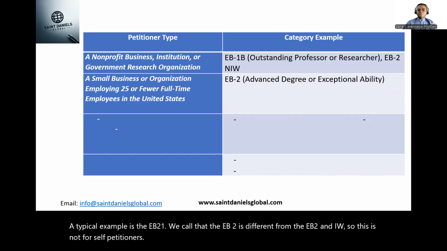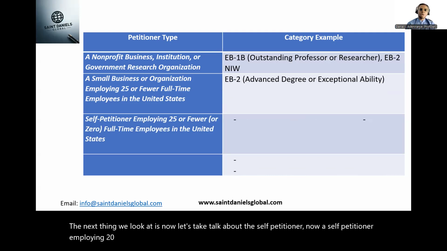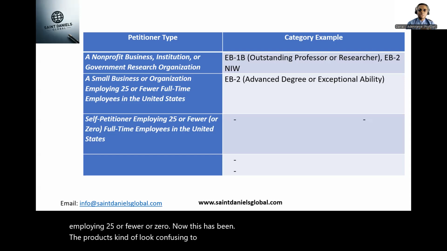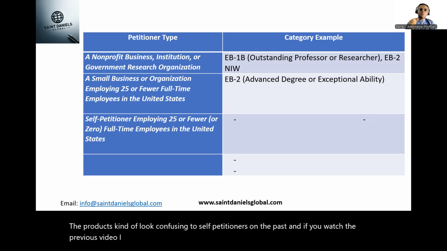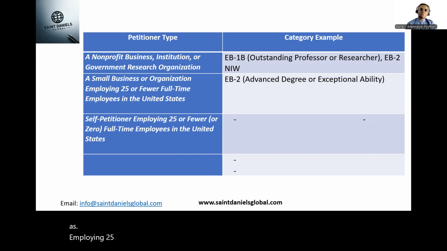The next thing we look at is, now let's talk about the self-petitioner. Now, a self-petitioner employing 25 or fewer or zero. Now, this has been a part that kind of looked confusing to self-petitioners in the past. And if you watch the previous video, I did explain that even though in the Form I-140 Part 1 that refers to this question, under question 5 and 6, you should consider yourself as employing 25 or fewer or zero.